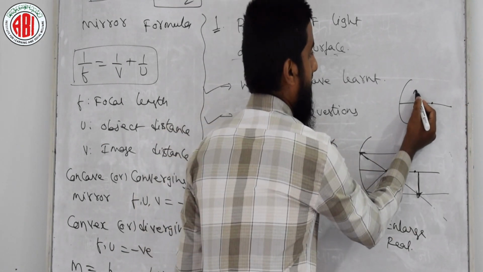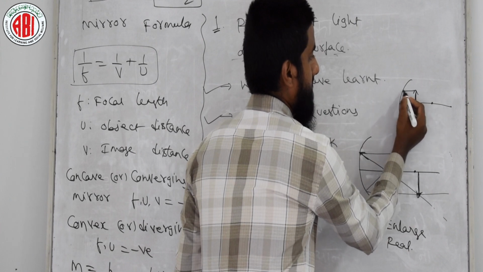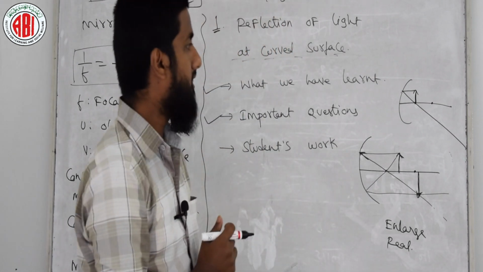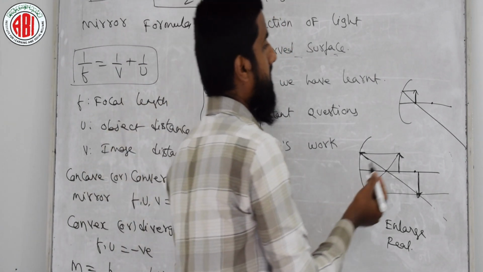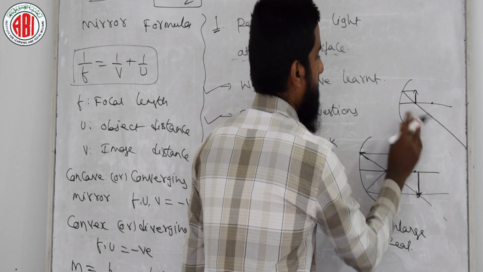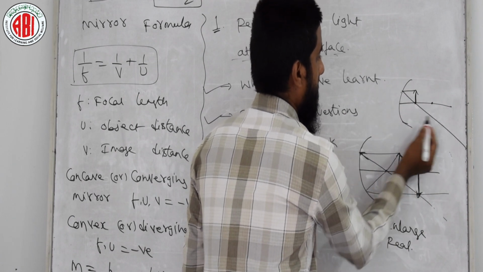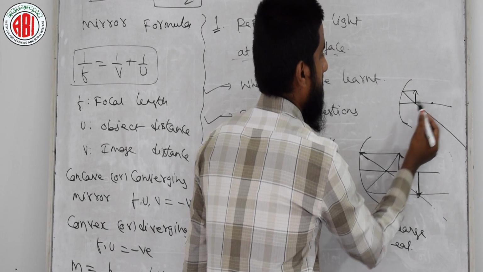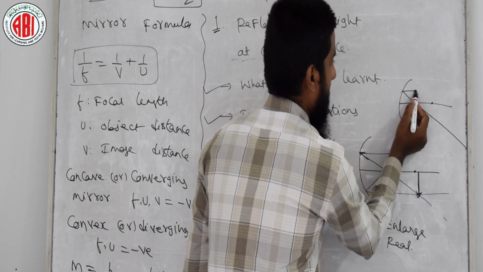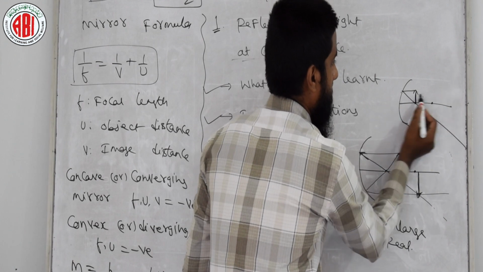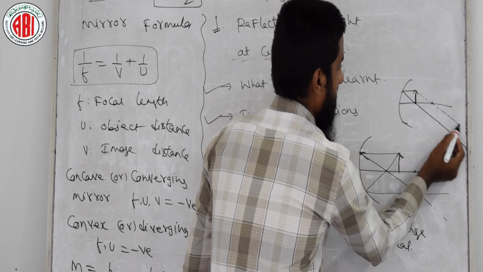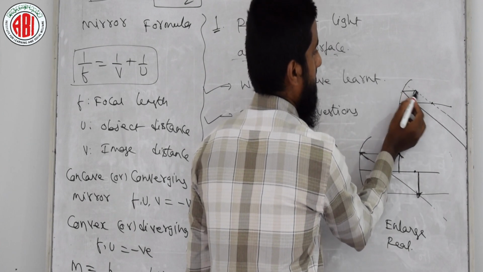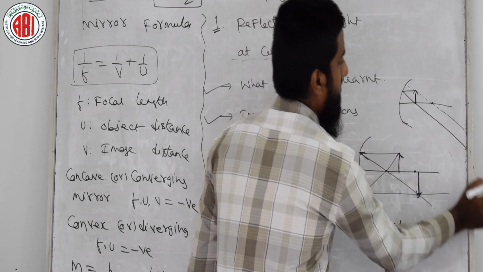I will show you in the diagram. The first rule I am applying is the ray parallel to the principal axis going to the focus. This is the first rule. The second rule I am applying for the center of curvature. If I apply the rule like this, the image forms somewhere there. Okay, for the center of curvature the image forms somewhere there.